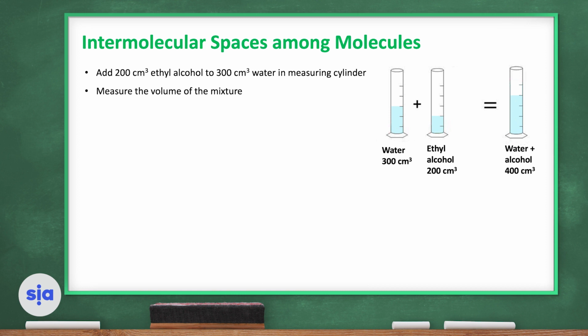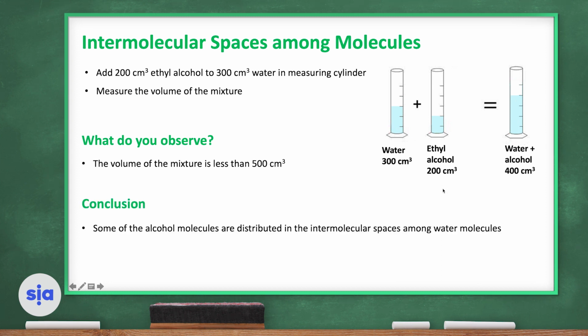Measure the volume of the mixture. Surprisingly, what do you observe? The volume of the mixture is less than expected. We expect the volume of the mixture to be 200 plus 300 equal 500 cubic centimeter. But actually, it's 400. It's less than 500.